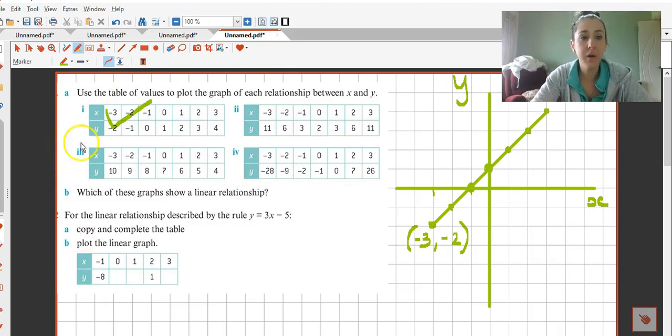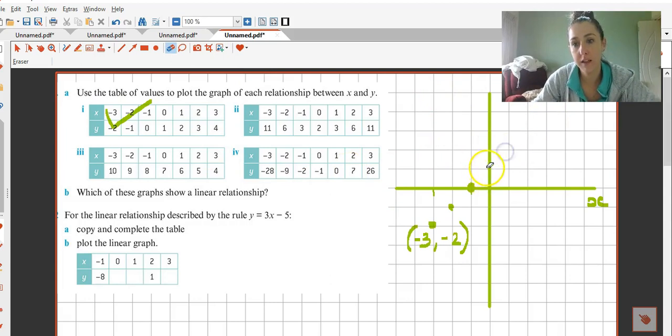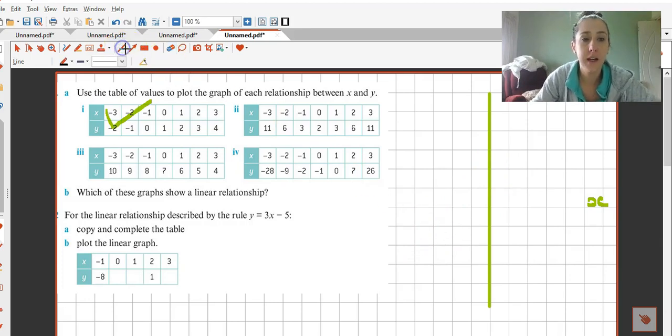All right, we're going to go on and look at the table of values for 2 now. Just get rid of all of this, get rid of our values, draw up our axis again, our x.